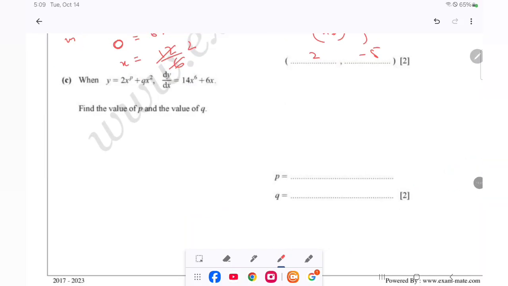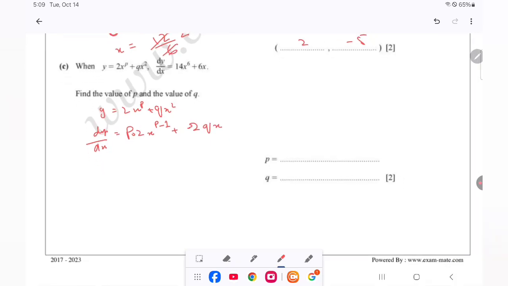Now for the equation, first we look at y equals 2x^p plus qx squared. Taking the derivative, it gives p times 2x^(p minus 1), and 2 power first, qx, 2 minus 1 is 1.